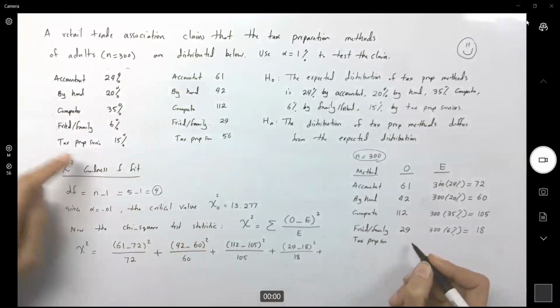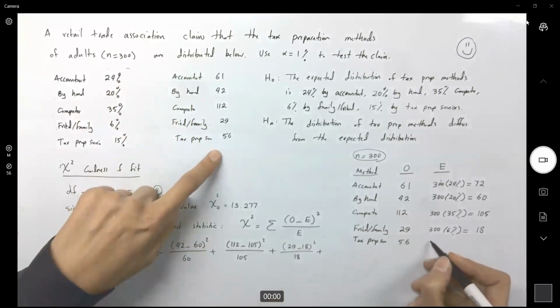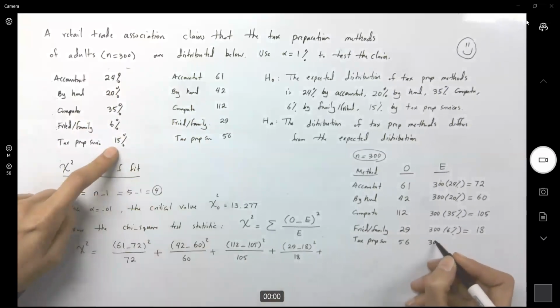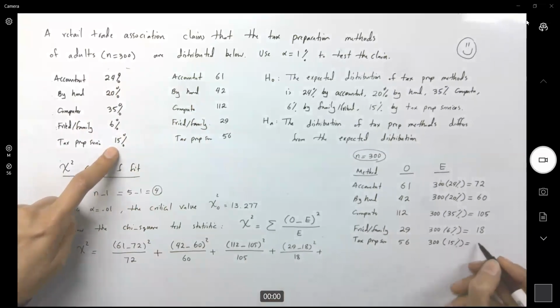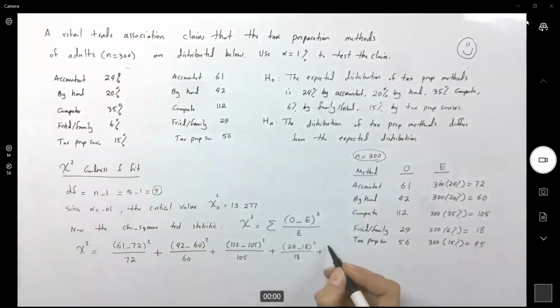The observed is 56, and the expected value is 300 times 15%, which is 45. So the last fraction is 56 minus 45 to the second divided by 45.